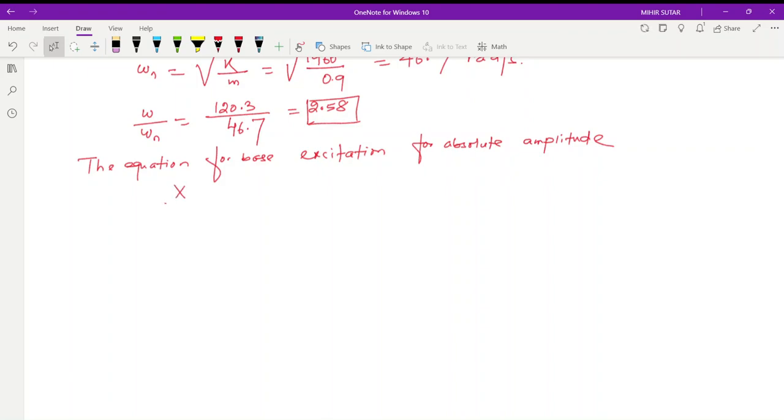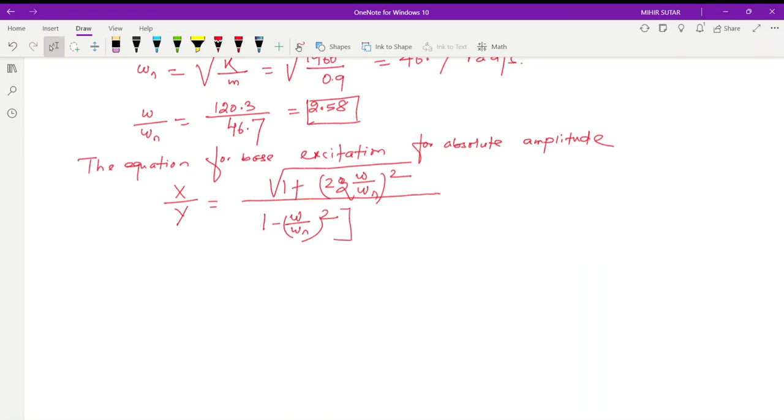can be written as x by y is equal to root over of 1 plus 2 zeta omega by omega n whole square, divided by 1 minus omega by omega n whole square plus 2 zeta omega by omega n whole square, whole root over. Okay.